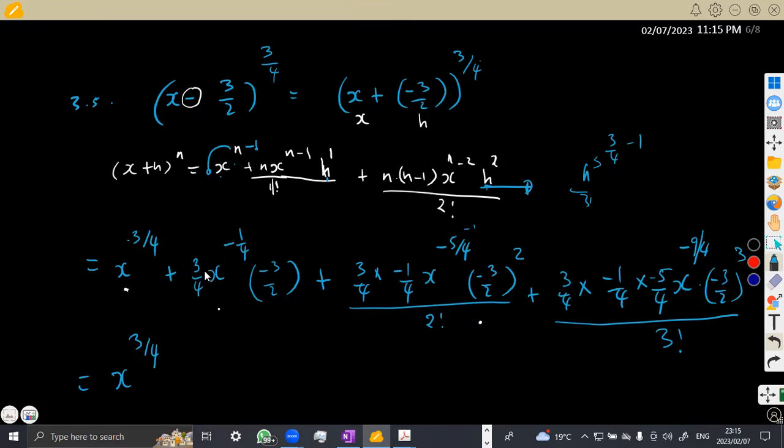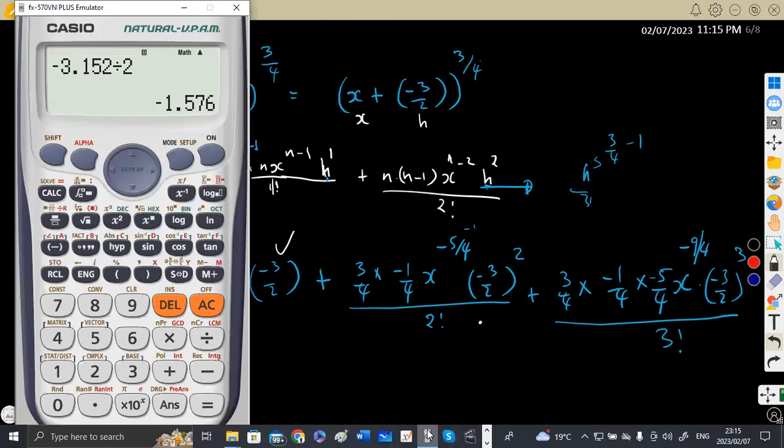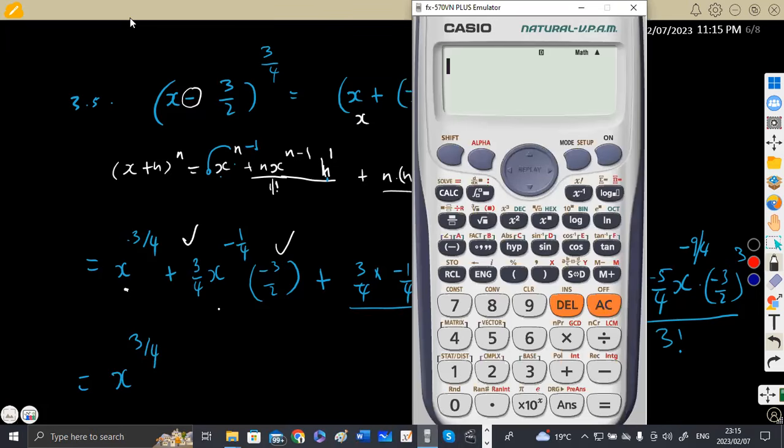Then the numbers here we can multiply. So on your calculator, you are simplifying this part, 3 over 4 times minus 3 over 2. Okay, so let's see if the screen is still showing everything. Okay, the screen is still showing everything. So if you use your calculator here, it was 3 over 4, and whatever we have, we multiply by negative 3 over 2.